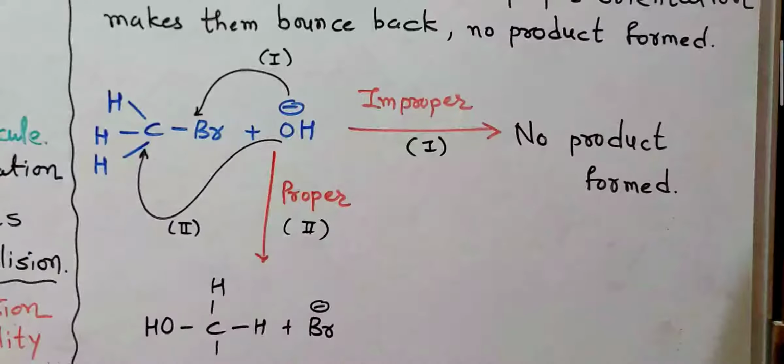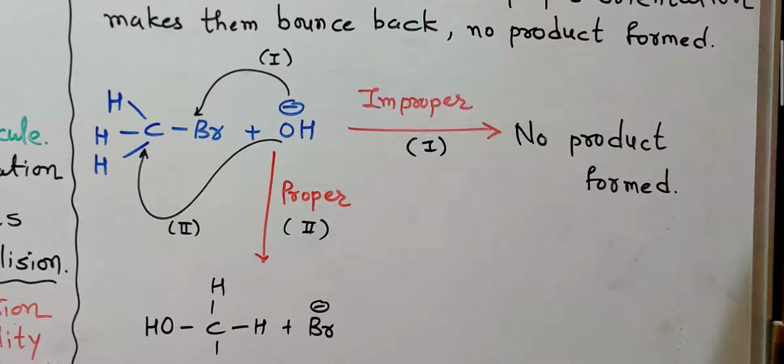I am showing two arrows, one is proper orientation and the other is improper orientation. Improper orientation, you can see the first arrow, OH is directly colliding in front of bromine. This orientation is very wrong, so no product will form.